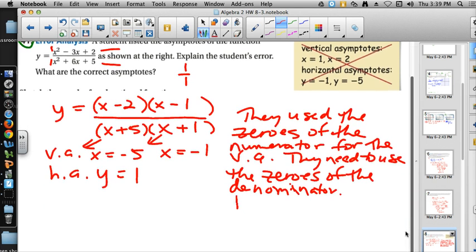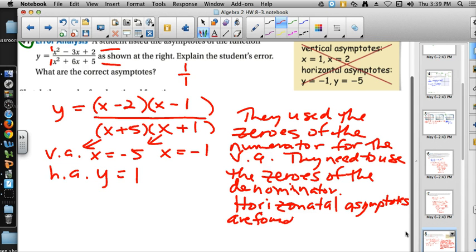Then, horizontal asymptotes are found by investigating degree. Not zeros, as they have done.